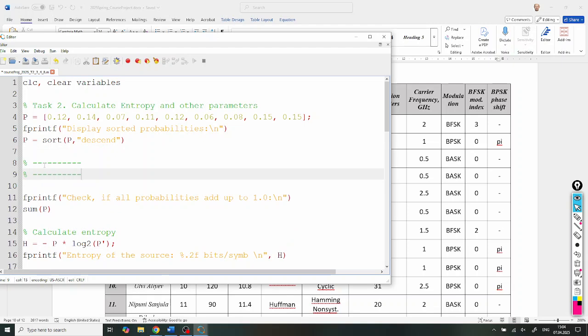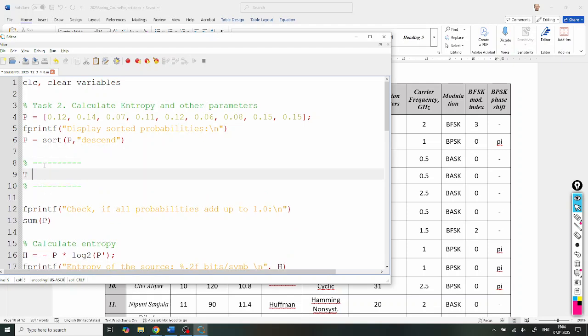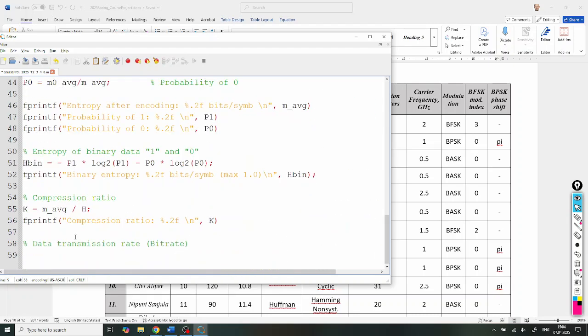I will also mark it so that you see that T symbol is 60 E minus 9. So symbol duration. Now we can calculate this bit rate, which we normally denote with R, so that is entropy versus M average versus T symbol.